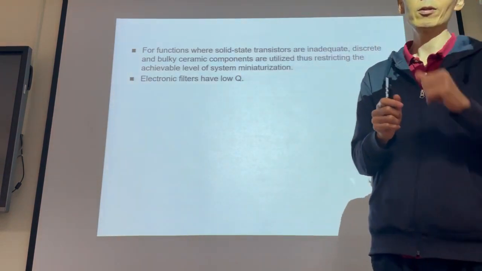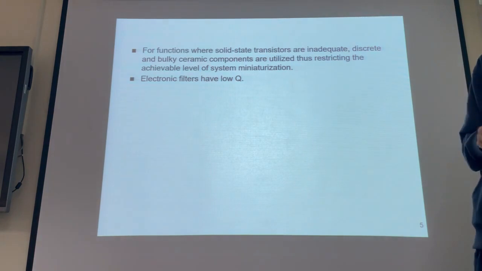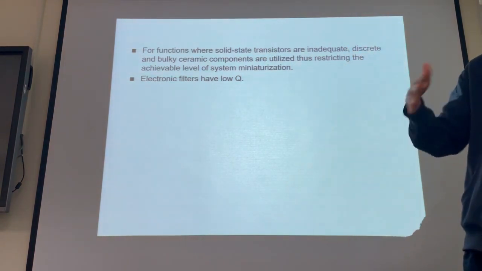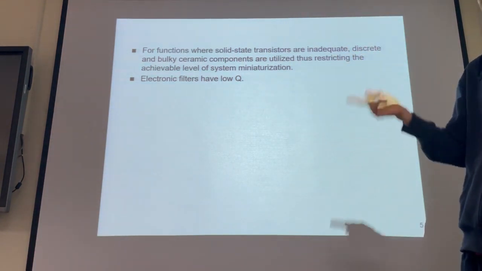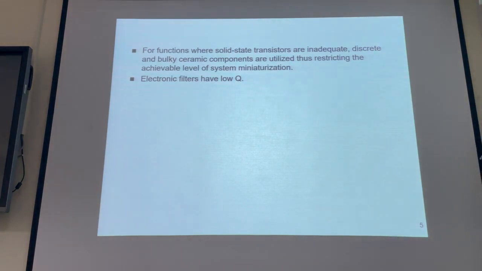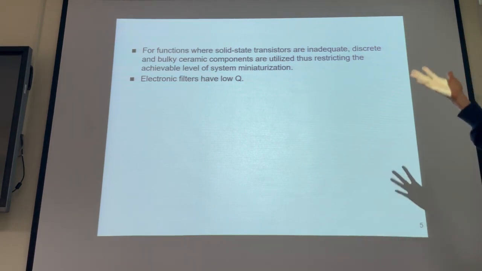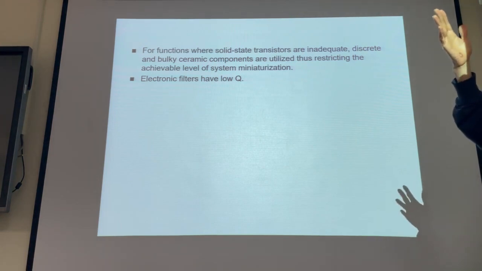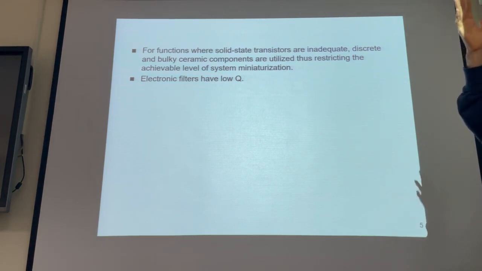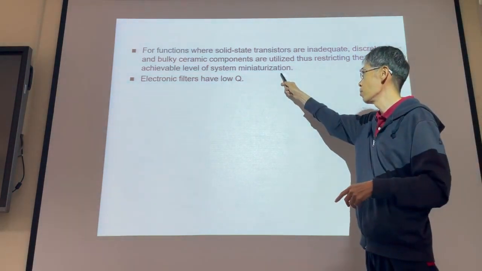We have a mechanical oscillator, but it's very bulky, meaning large. So it's not good, and it's a discrete component. Discrete means bulky, large, and huge power consumption. So it's not good for miniaturization.